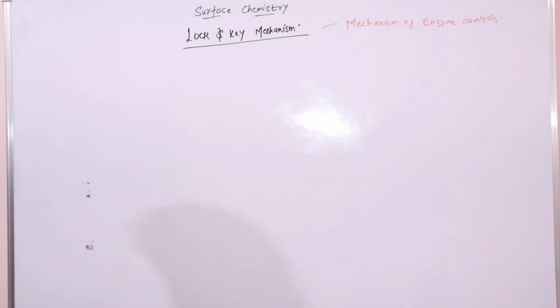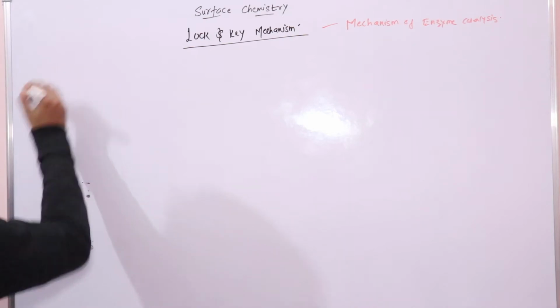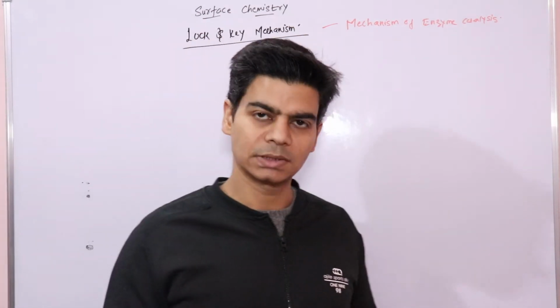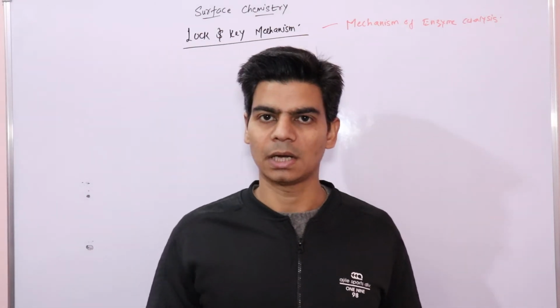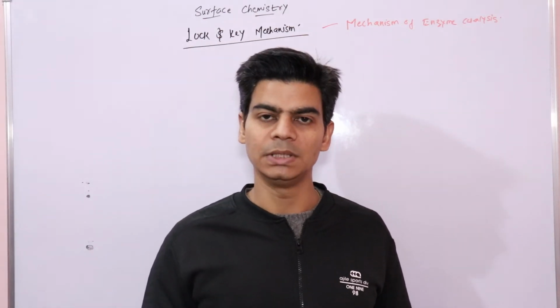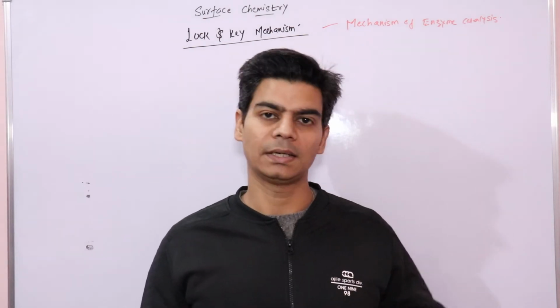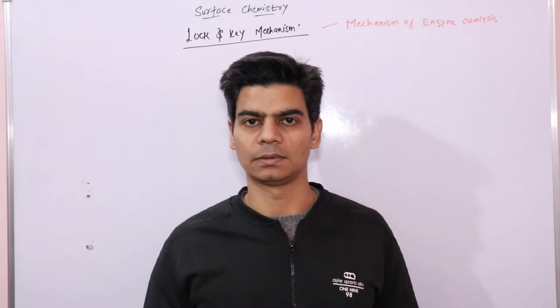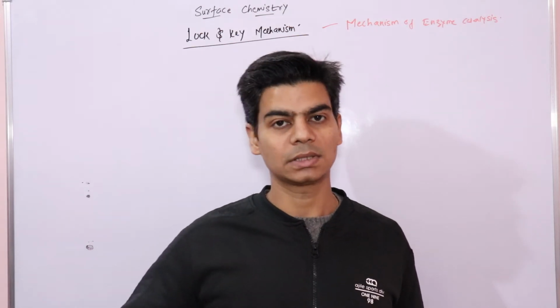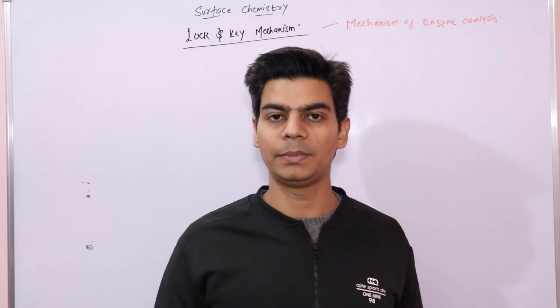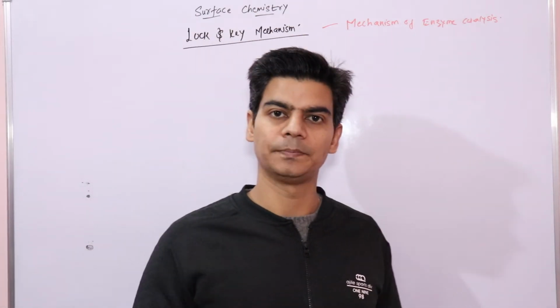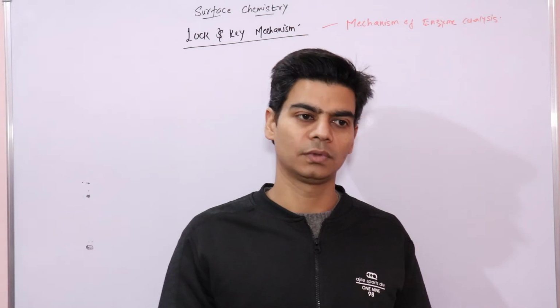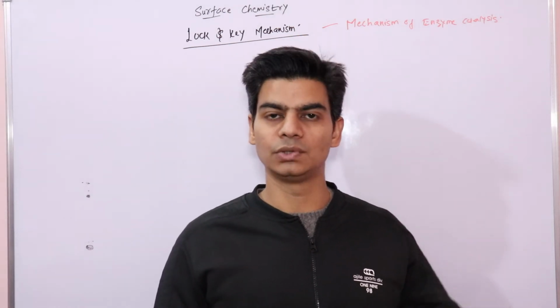So in the lock and key mechanism, we know one thing: like other catalysts, enzymes, which are biological catalysts, are also specific in their action, which means that one particular enzyme will catalyze only one particular reaction, and it will not catalyze other reactions. Like we studied in our previous lecture, the enzyme invertase will only catalyze the hydrolysis of cane sugar.